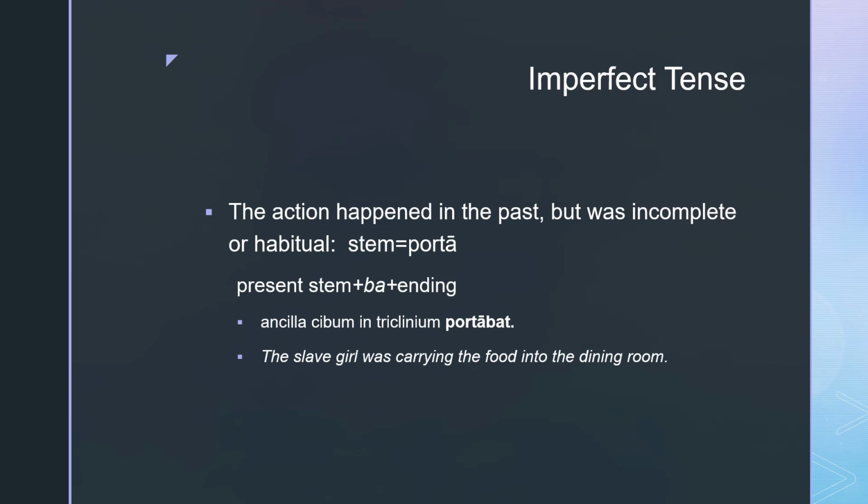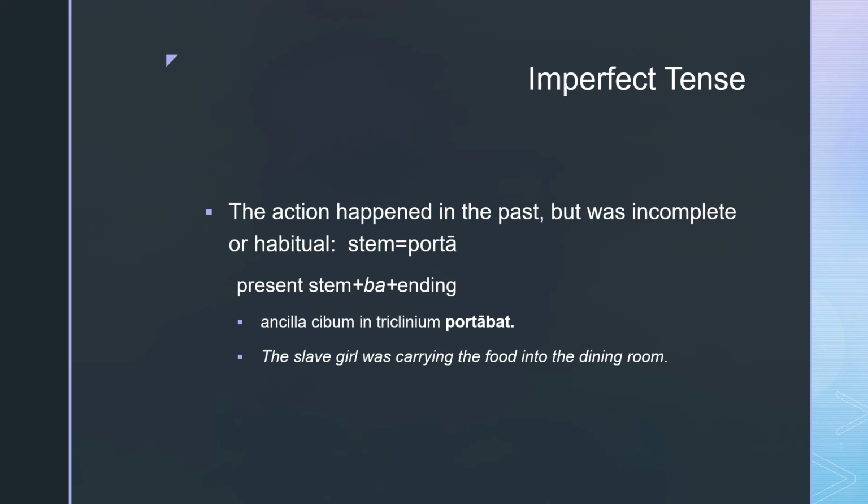Now the imperfect tense, we had to do something to it to be able to tell it apart from the present tense. So we added BA. We slipped in BA. So ancilla cibum in triclinium portabat, bat. And that now all of a sudden makes it past tense, a past imperfect.